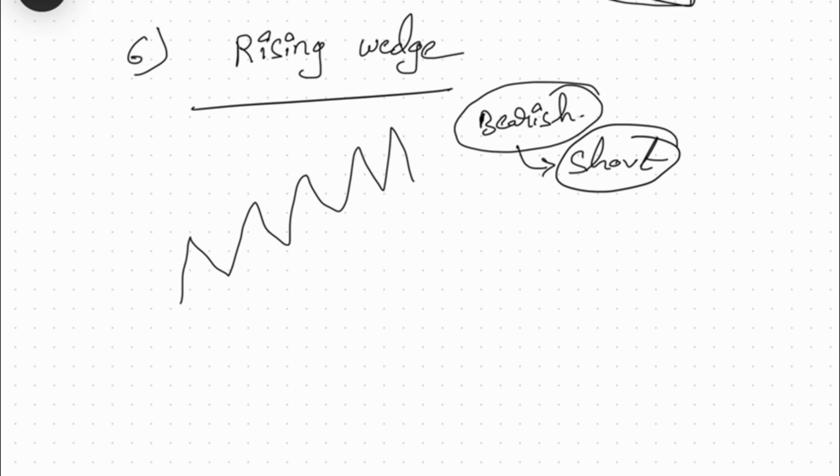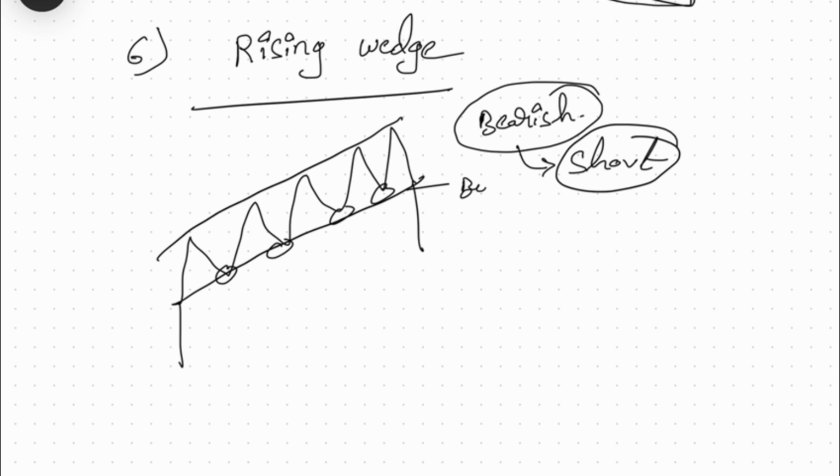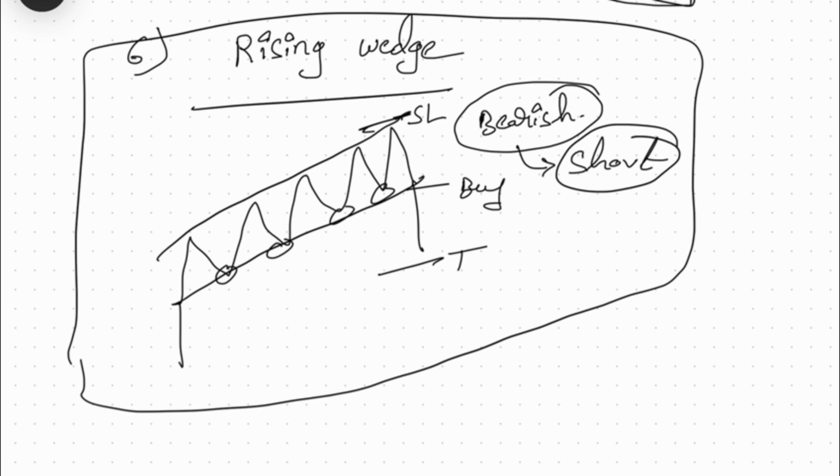It goes like this. It breaks the upper trend, so we have to take a short here. This could be the target, and this could be the SL. This is called rising wedge pattern. I hope you understand wedge patterns, right? Now let's go for another one.